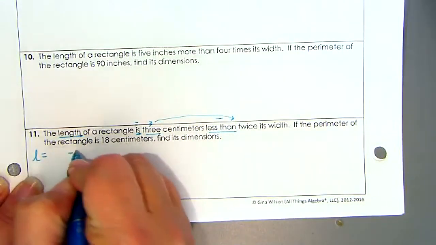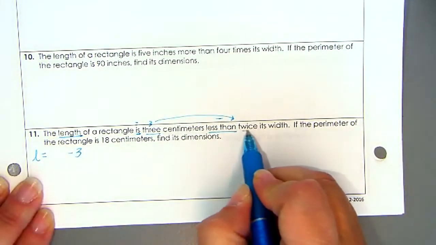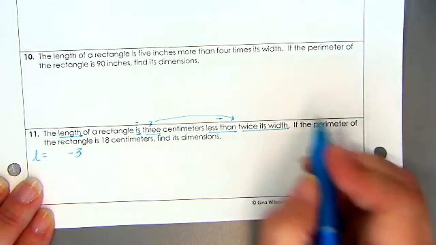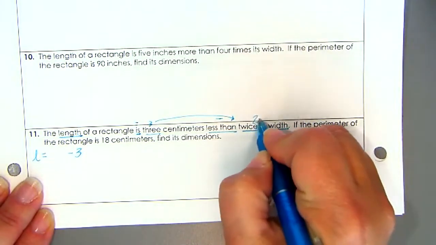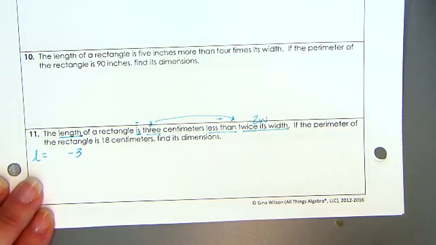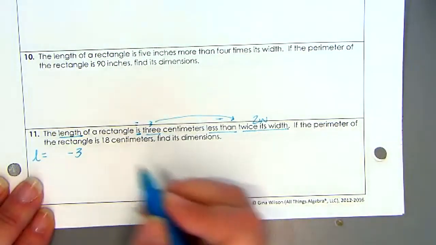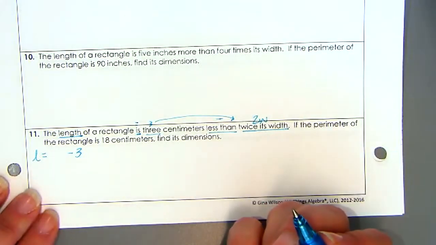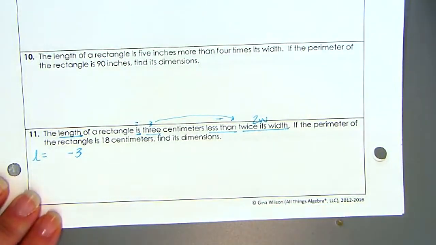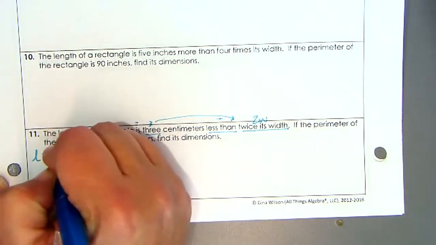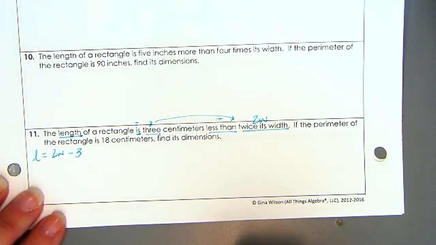So it's going to be minus 3 from twice the width. Okay, so that's 2W. But I can't have two variables.